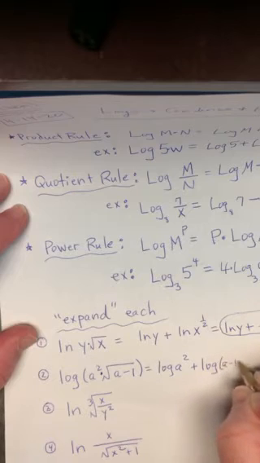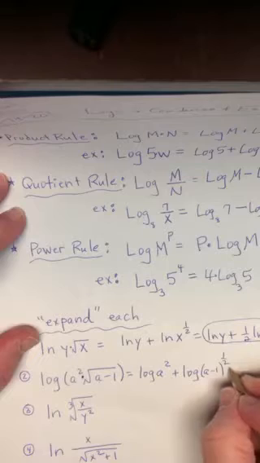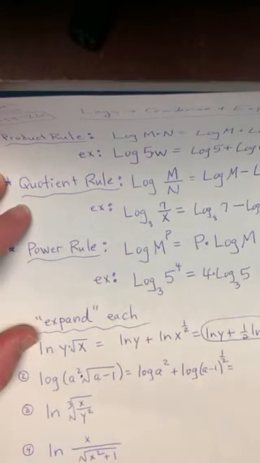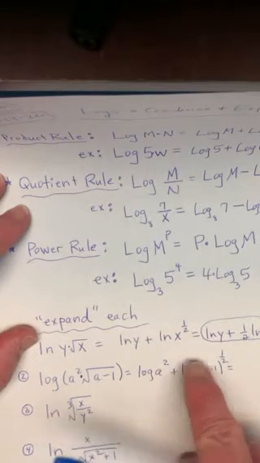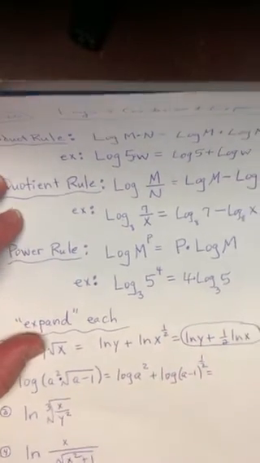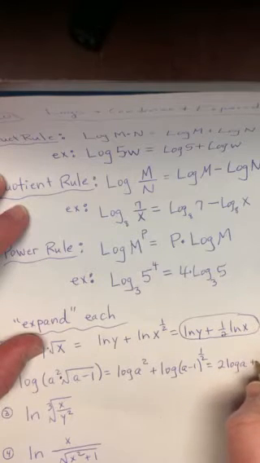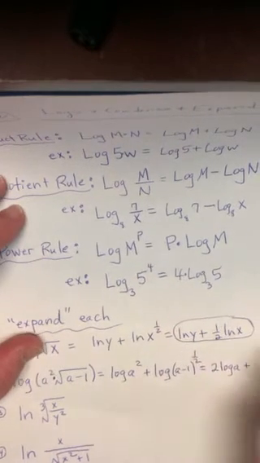Isn't that really a minus 1, again, to the 1/2 power? So notice I can go one more step, can I? Because I've got a power involved here and a power involved here. So putting the power in front of the logs, I would have 2 log a plus, and then move that power in front, 1/2 log of a minus 1.